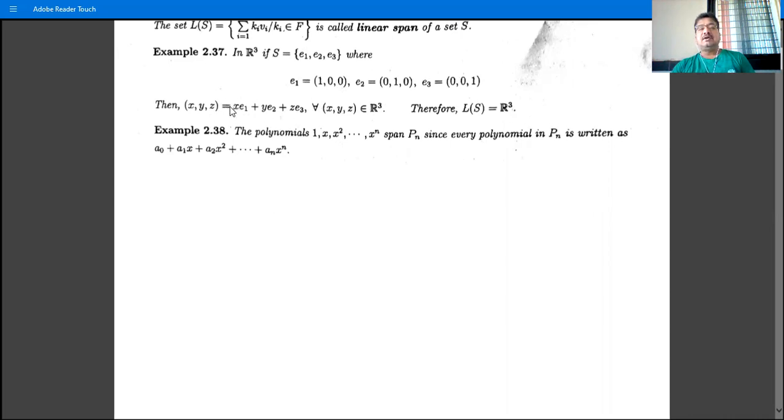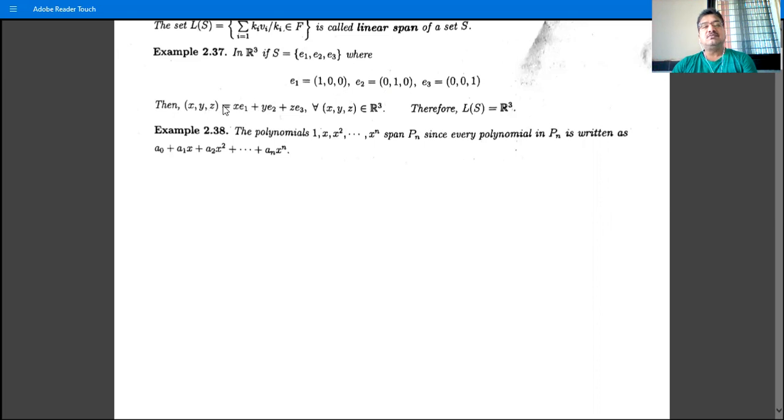Applying the previous procedure, we write (x, y, z) as K1 times (1, 0, 0) plus K2 times (0, 1, 0) plus K3 times (0, 0, 1). Using the definitions of scalar multiplication and addition, K1 is x, K2 is y, and K3 is z.